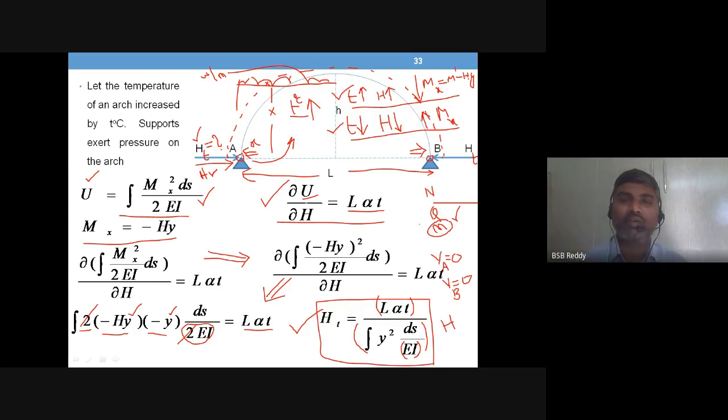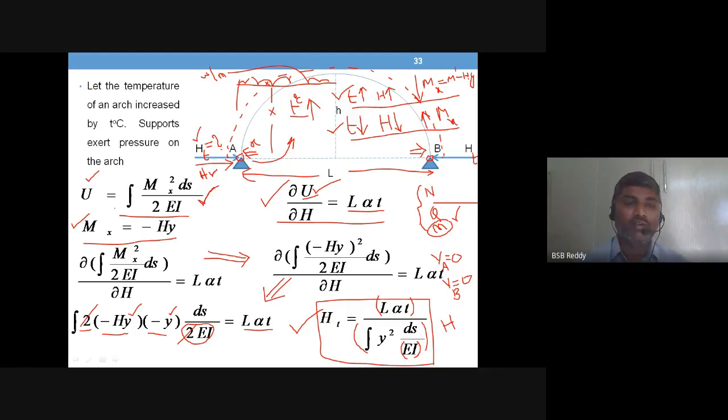So that we have applied here, and then we have substituted for strain energy due to bending, because it is going to be the critical effect among all three, N, Q, M in the arch. We wrote the expression for Mx, which is minus H into y, because you don't have any loads taken there. Loads can be separately dealt with, and you can add that H value to this.